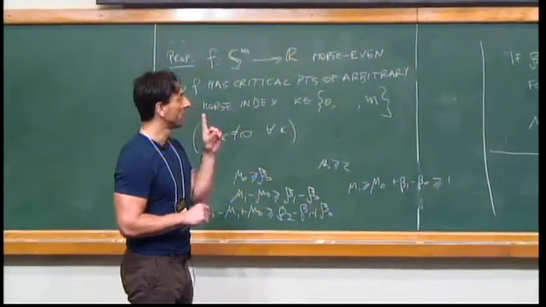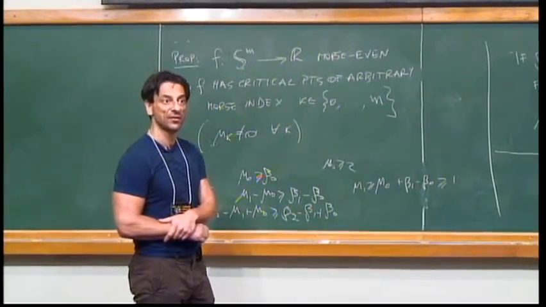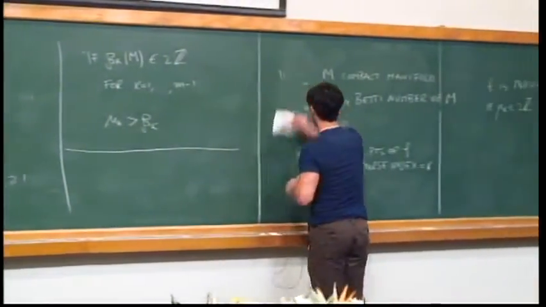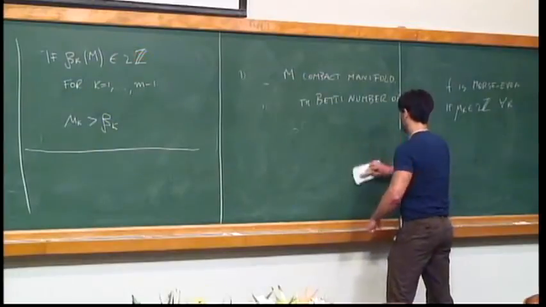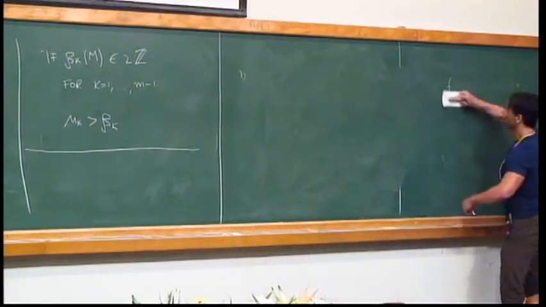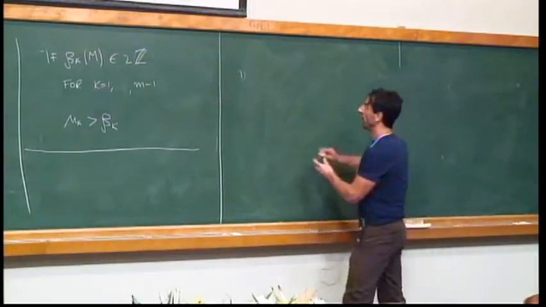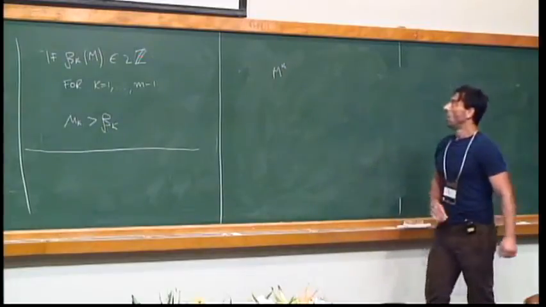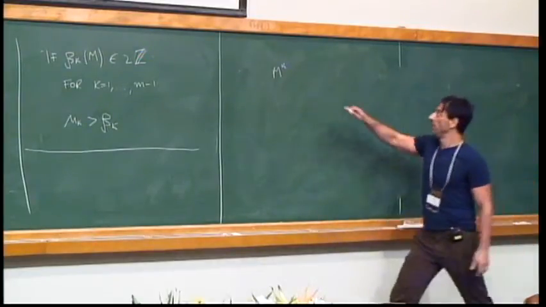But in dimension 4, there are a lot of manifolds that satisfy this assumption, because in dimension 4, suppose you take a compact orientable manifold of dimension 4, say simply connected.